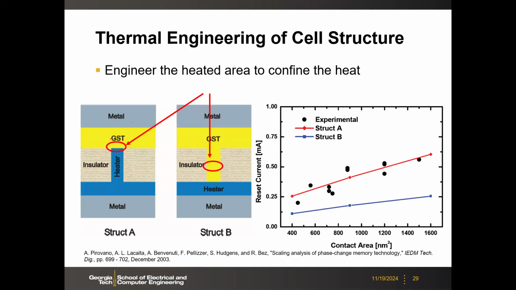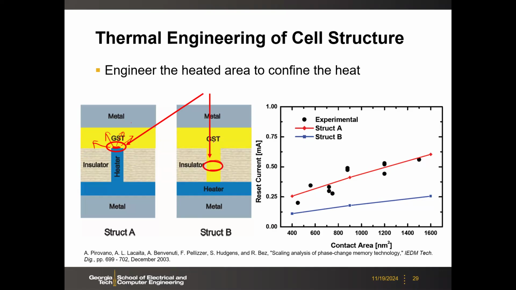But this is not the best way from the thermal standpoint, because you generate the heat here, and then the heat will dissipate in different directions. So why not confine the heat within this contact hole?